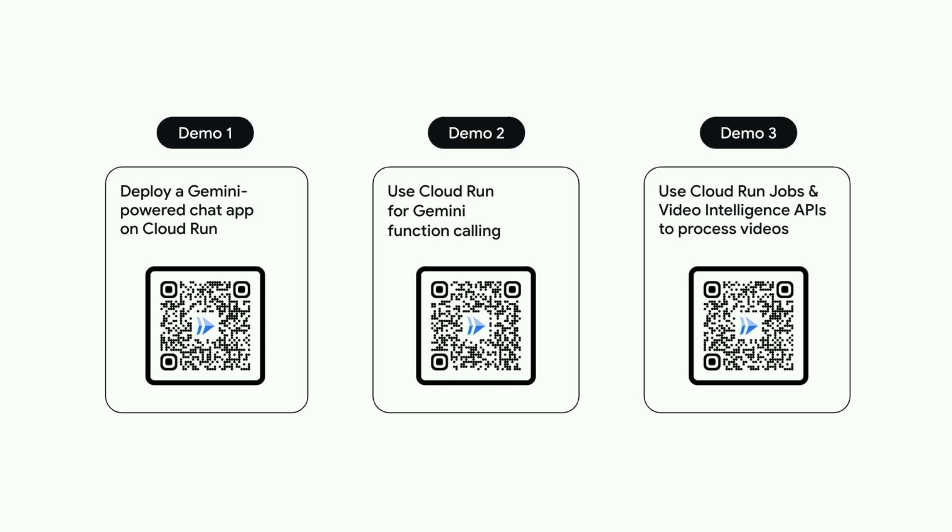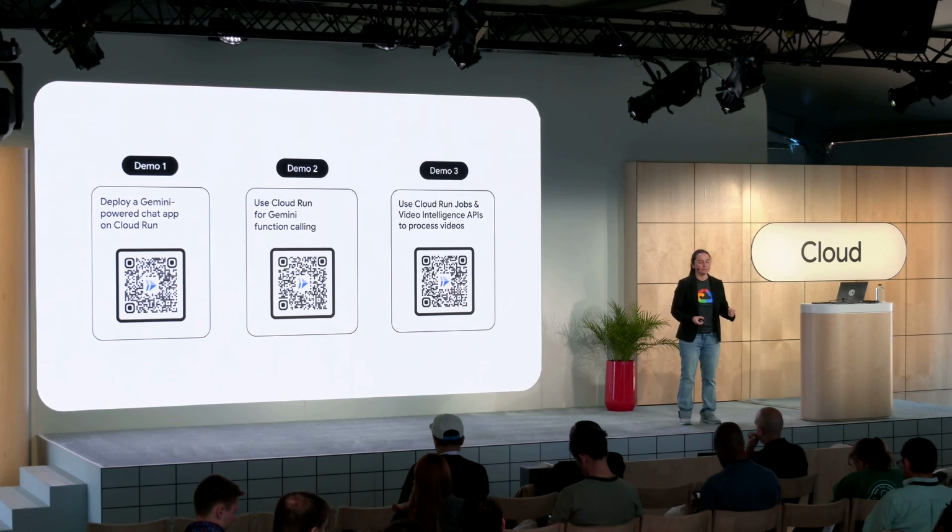In Demo 2, you saw how you can use function calling so that your large language model isn't frozen in time. And in Demo 3, you saw how you can use the specialized Vertex AI APIs for a specific task and how you can use Cloud Run jobs to run a container to completion.